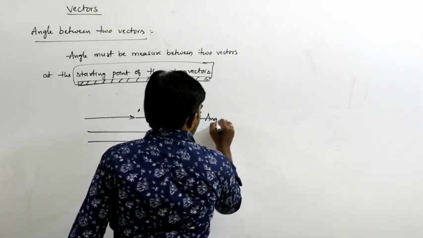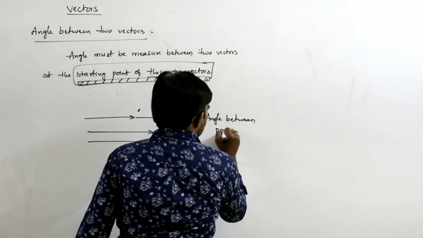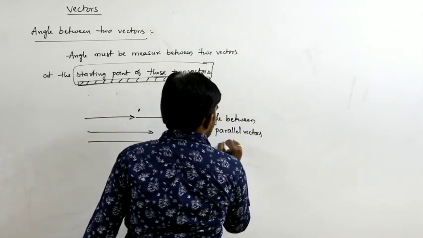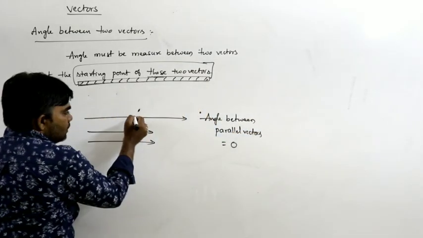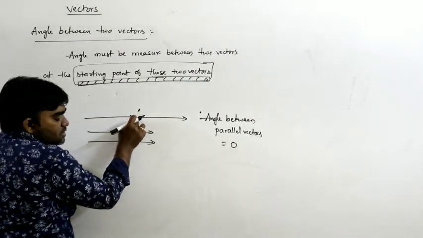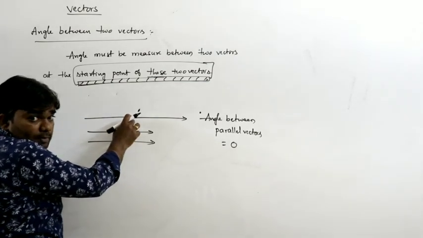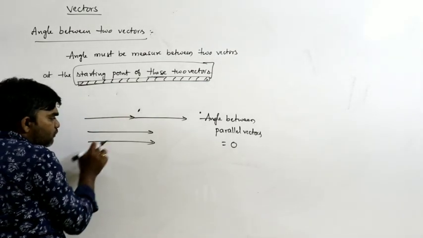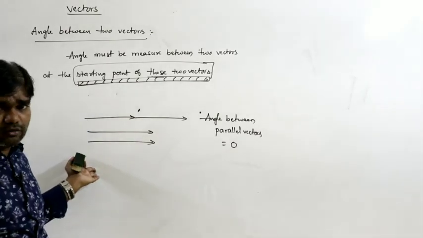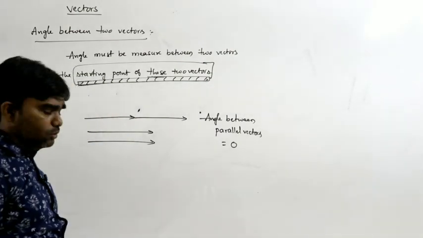The angle between two parallel vectors is equal to 0, because this is the ending point and this is the starting point. It is not possible to find out the angle here. Again, if you represent like this, these two never intersect. So it's not possible to find out the angle. So the angle between two parallel vectors is 0.